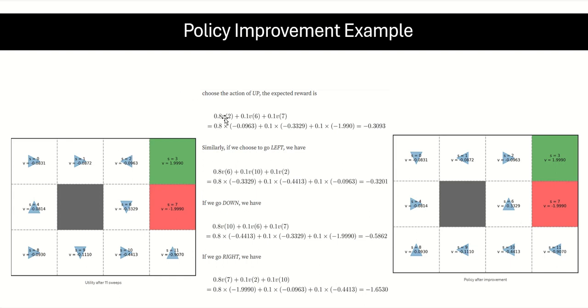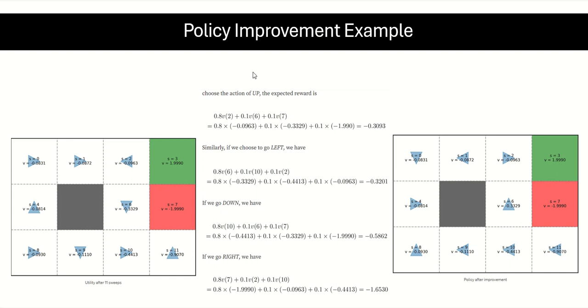So 0.8 times the value of 2, and 10% probability to remain at state 6. So that's the reason for 0.1 times the value of 6, and also 10% probability to go to the right state, which is state 7. So 0.1 times the value of state 7.